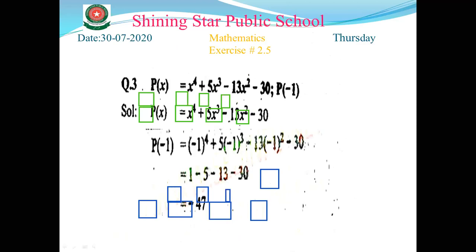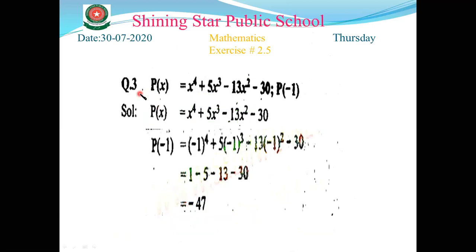Okay. Now, in question number 3, P of x is x power 4 plus 5x cube minus 13x square minus 30. Again, in this question, we replace the x with minus 1.